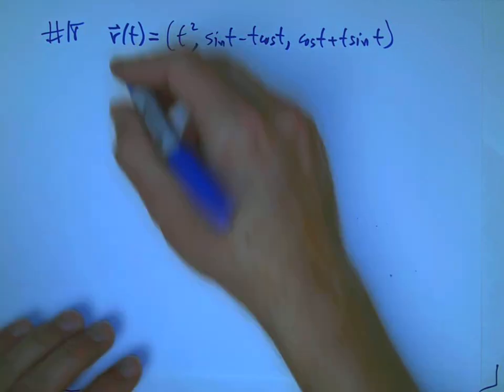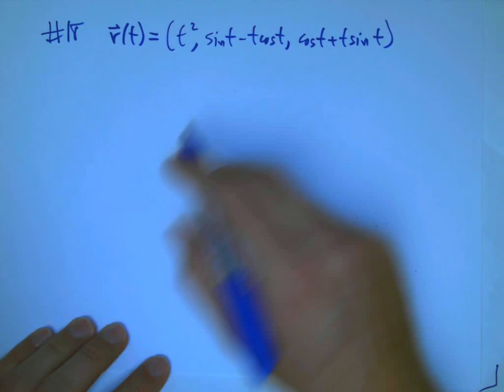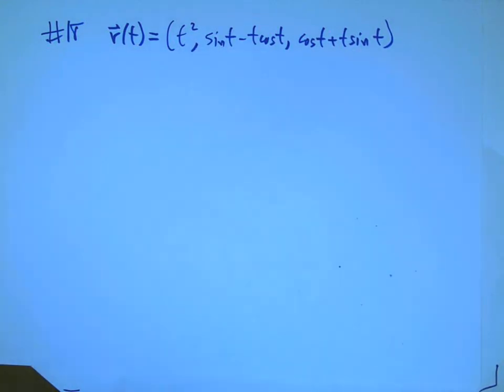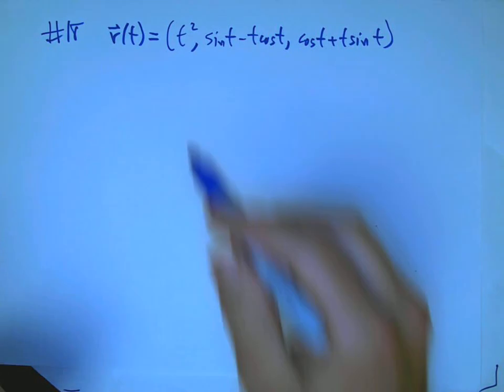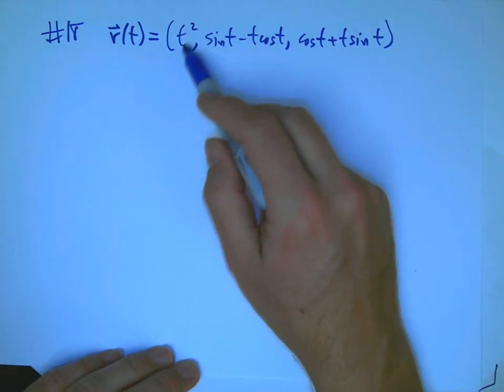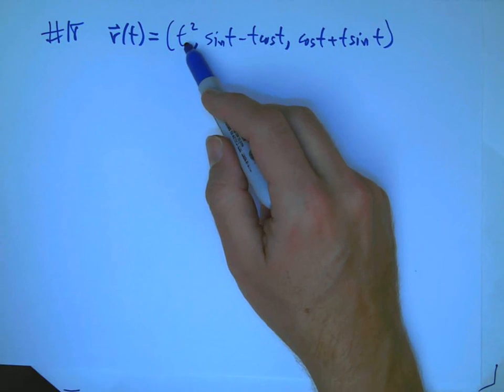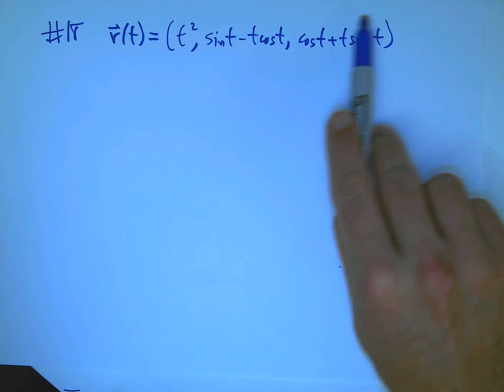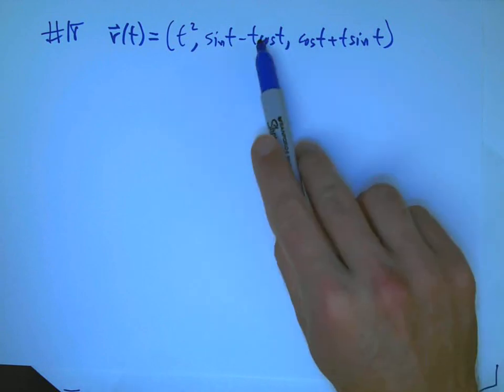That's our function. And if you look at this, I invite you to go ahead and plot this on the applet. What happens is this gives you progressive motion that's getting increasingly fast in the t variable as t goes on. The t cosine t, t sine t would give you a spiraling outward, but it's not spiraling outward as much as this is going fast.